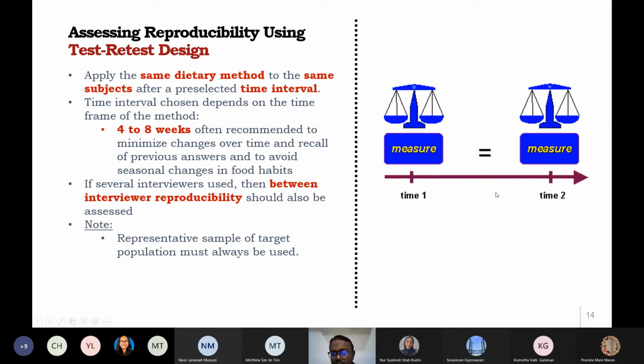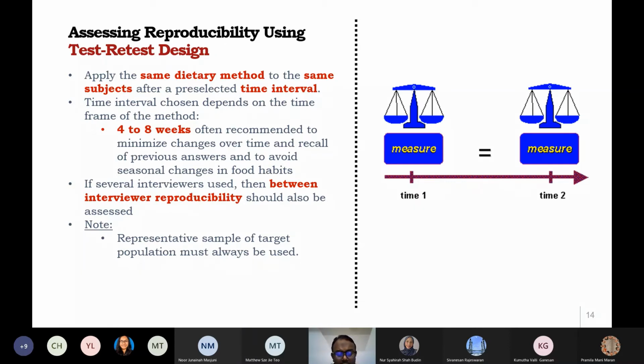We do not want it to be very long because there will be some seasonal changes in food habits. The season might change, the availability of the food might change if it's very long. So 2 months is the maximum to do a test-retest reproducibility.